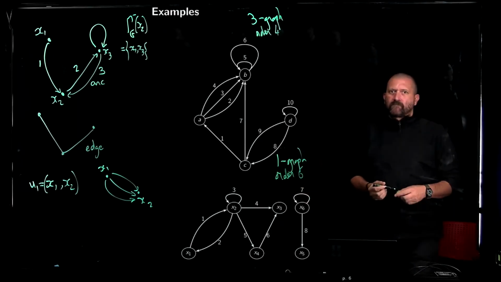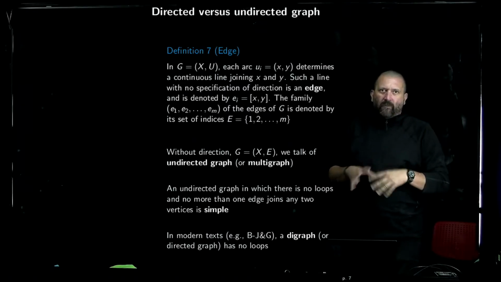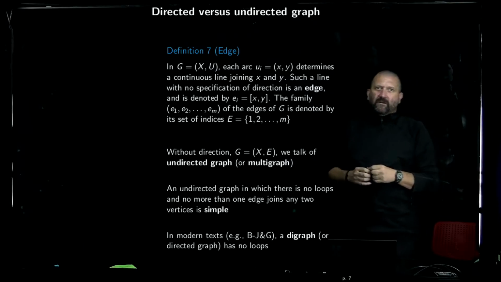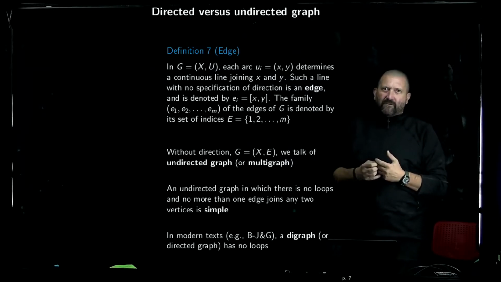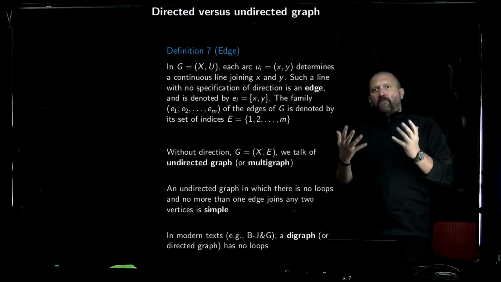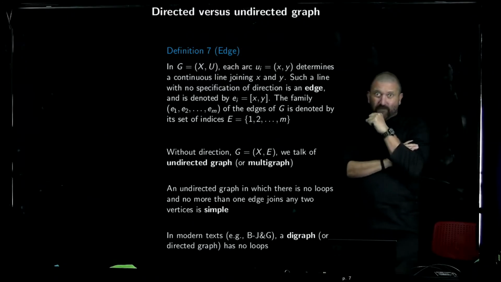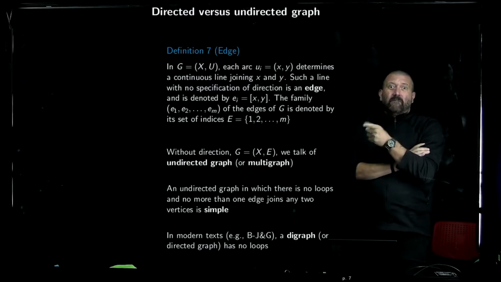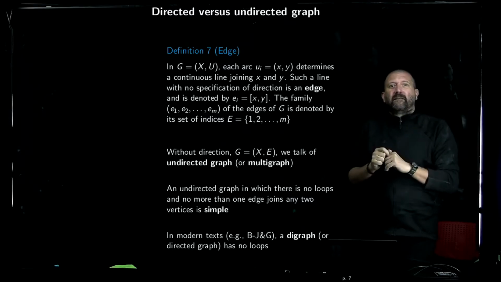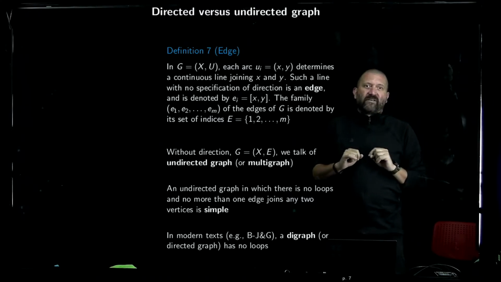Okay, so a concept that I've already talked about, but that we're going to look at in a slightly more general context here, is directed versus undirected graphs, and a bit more general than that even. So, as I have already said, if you think of an arc, it defines a continuous line joining two vertices.